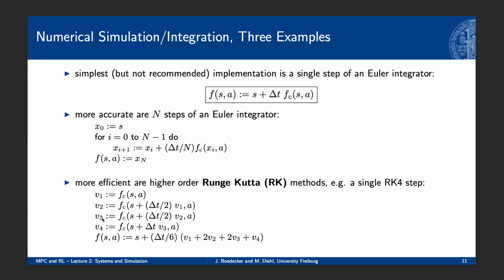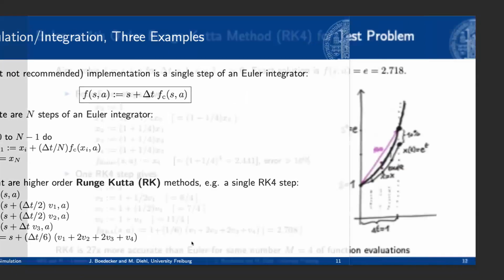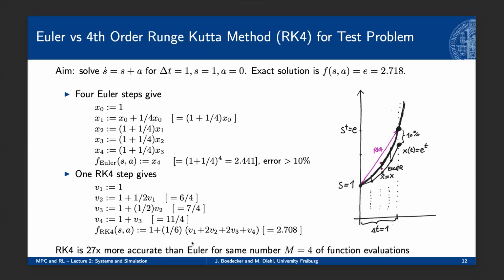And then I call it V3. And then with this V3 direction, I go a full step and I call it V4. And then I weigh all these four velocities with different weighting factors, and then I get my F. It's four function evaluations, it's as expensive as 4 steps of an Euler. But what it gives us is much more accuracy.